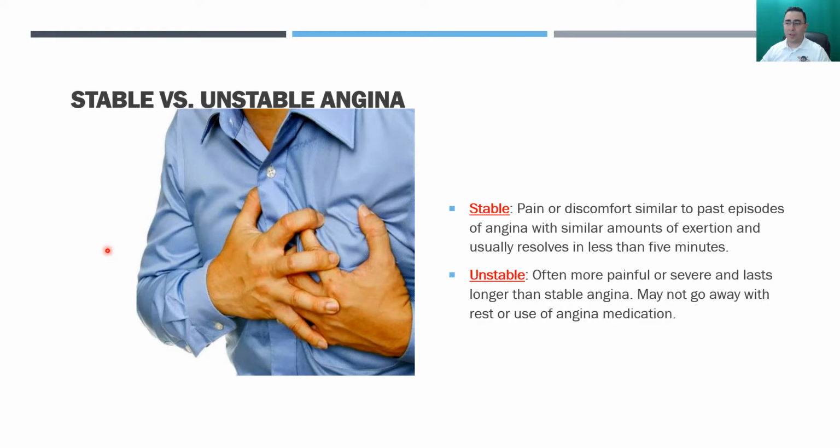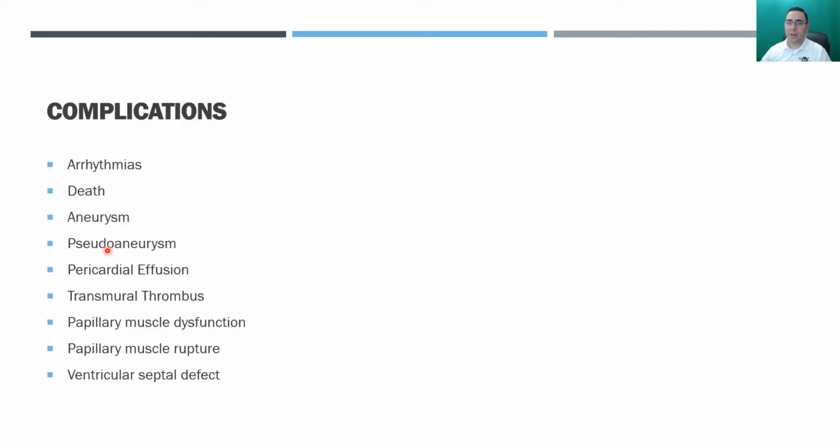The nitroglycerin that the patient is taking, so maybe the patient has to go to the hospital. So this is worse compared to the stable one. All right, the stable one is predictable. The unstable, no, it doesn't go that way. All right, so you know what angina is. So let's move forward to the next presentation here.